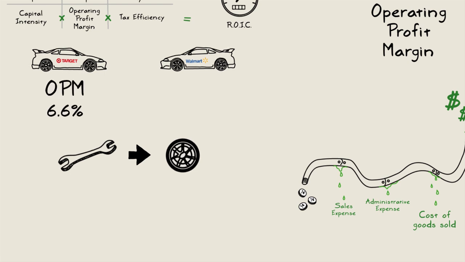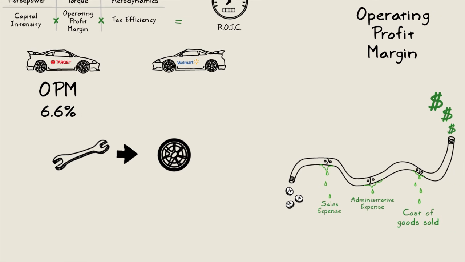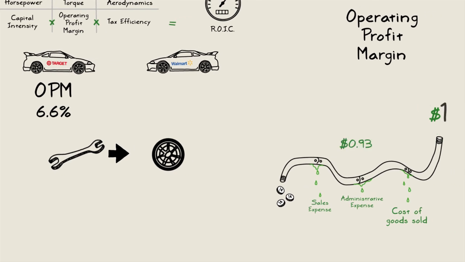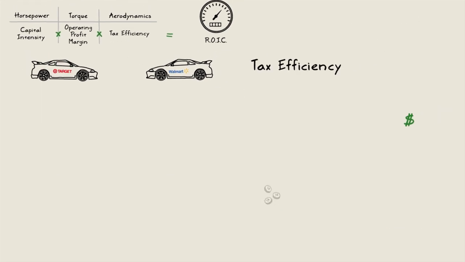Target's operating profit margin was 6.6%. This means that a little over 93 cents of every dollar sold was used to pay for operating expenses. Walmart's operating profit margin was 5%, so Target had the advantage there.